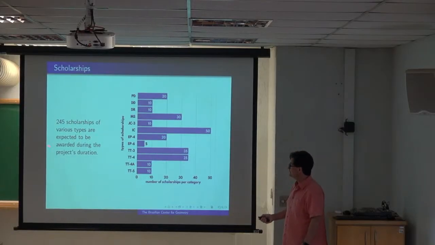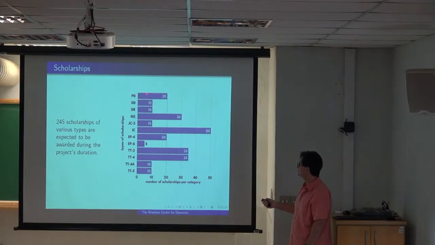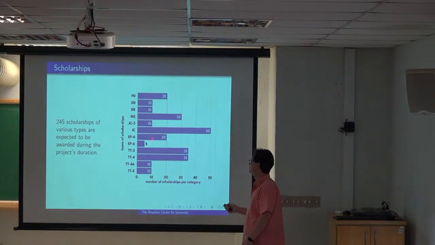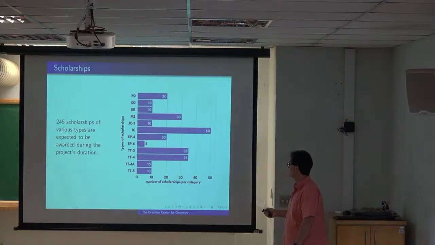This perhaps is the biggest part of our funding. It's here in the 245 scholarships of all different types. This is 20 postdoctoral grants. This is 20 PhD grants as well. This is for the initial period of 5 years. 20 postdoctoral grants, 30 master grants, and this is scientific journalism and scientific initiation.